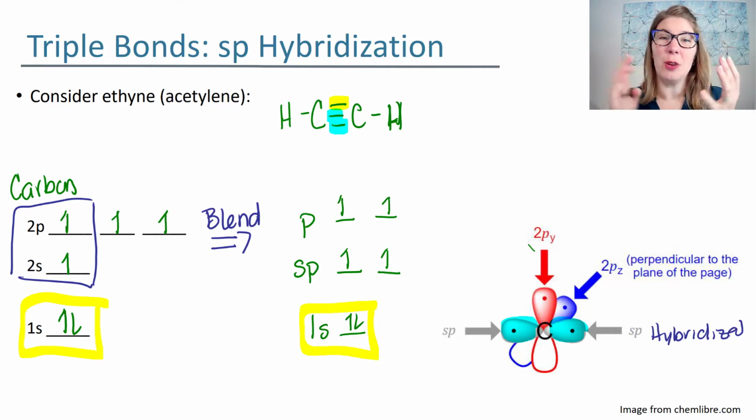Whenever you have one p orbital, that can make one pi bond, but you have two unused or unhybridized p orbitals. Now, we could try to draw the picture of this like we have for ethene, but it gets really overwhelming really quickly.